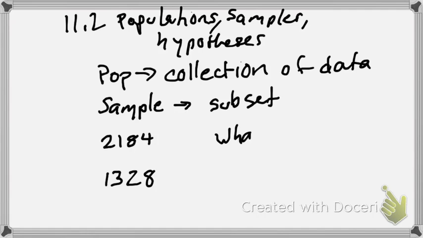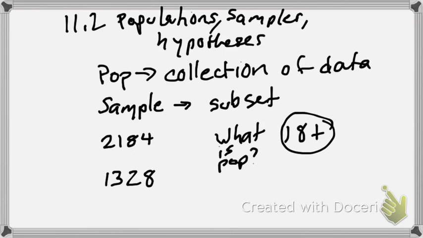So if I want to know what the population is, I asked 2,184 people whether they owned a pet or not. The information I wanted was about the 18 plus. So actually, hang on. What is the population? The population is all Americans that are over 18. That's what the population is. 2,184 is not the population.